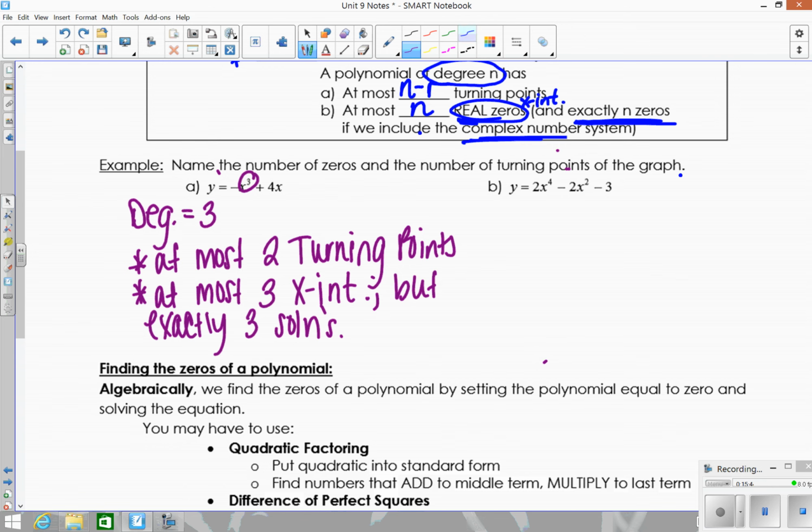So then if you look at the next one here, the highest exponent is a 4. So this is a degree 4 polynomial. So that means we would have at most 3 turning points.